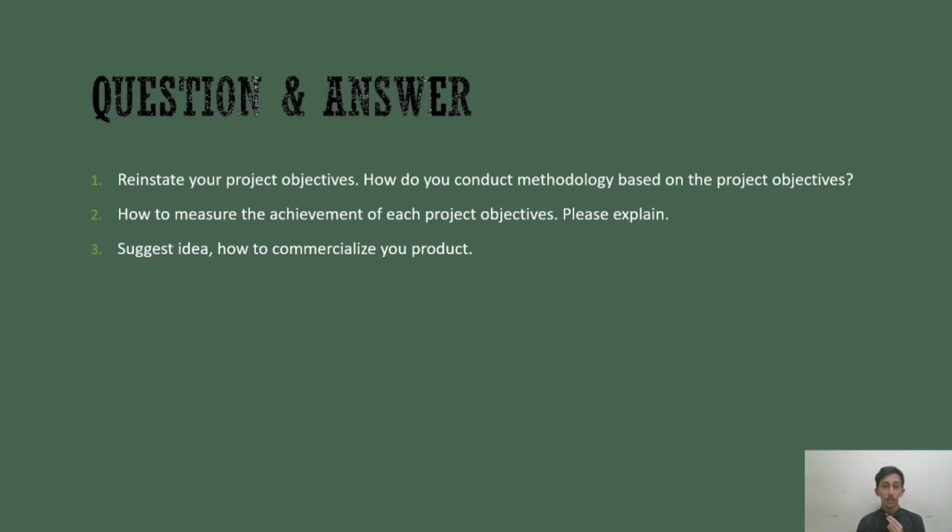So how do I conduct the methodology based on the project objective? For the first objective, I will use Arduino Uno as a microcontroller to control the smart notebook checker.